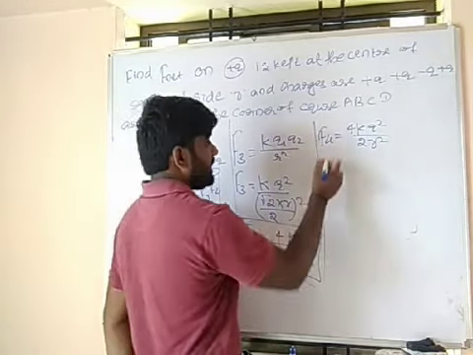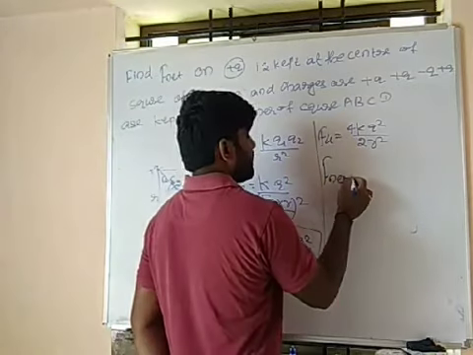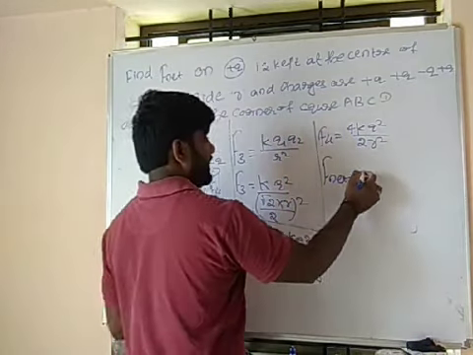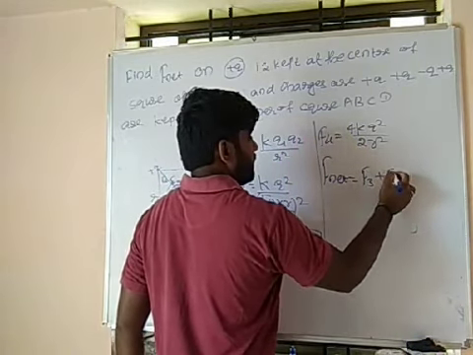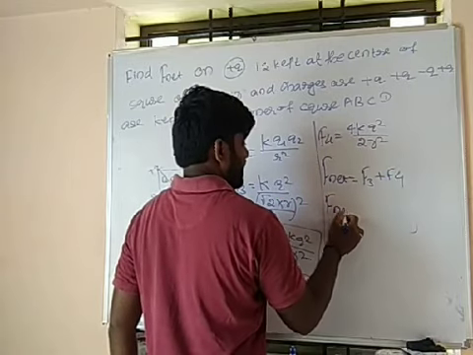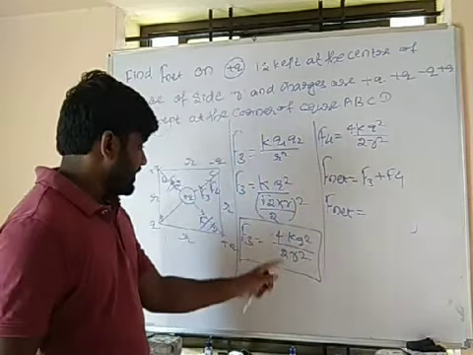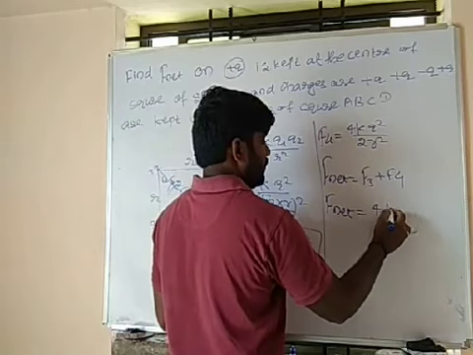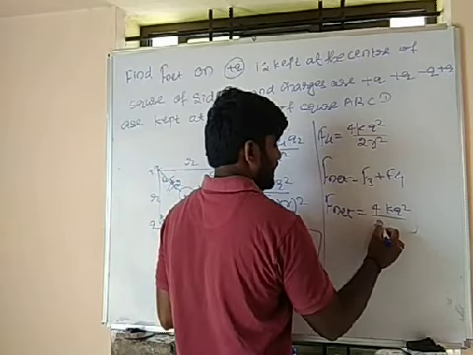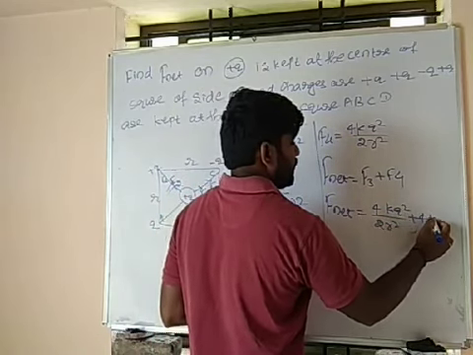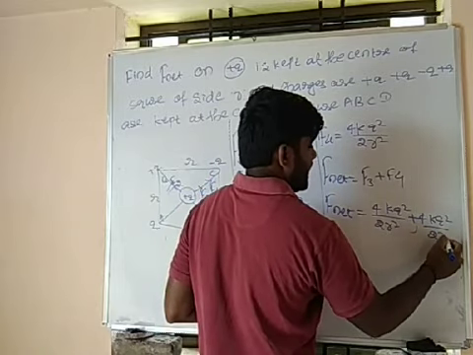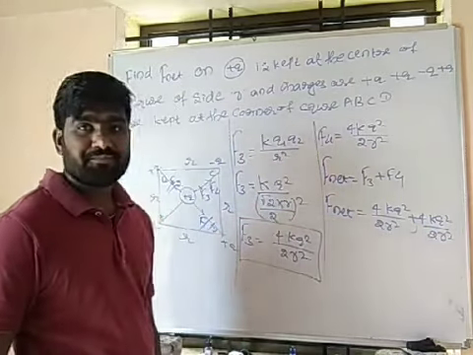Then F net is equal to F3 plus F4, which is 4q square divided by 2r square plus 4q square divided by again 2r square.